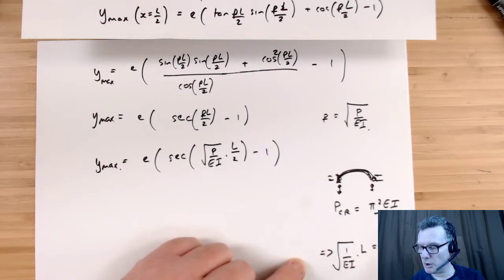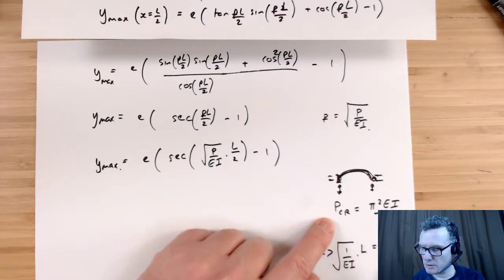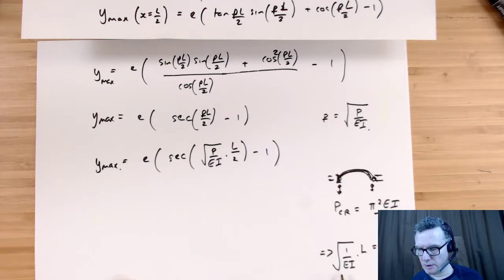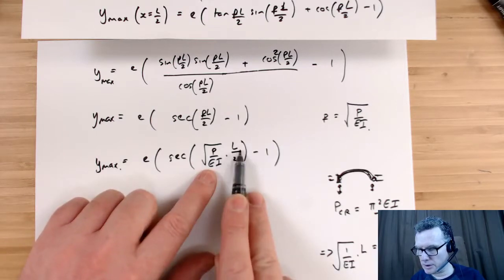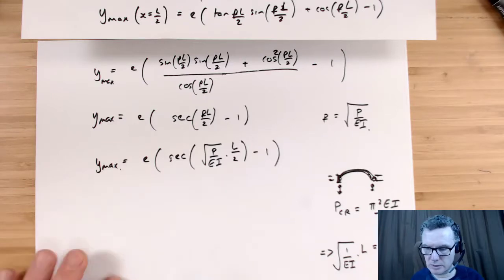So if I square root my pi squared, it becomes pi, square root my P critical, and then bring it over to the other side. So we've got this times this equals this divided by square root.